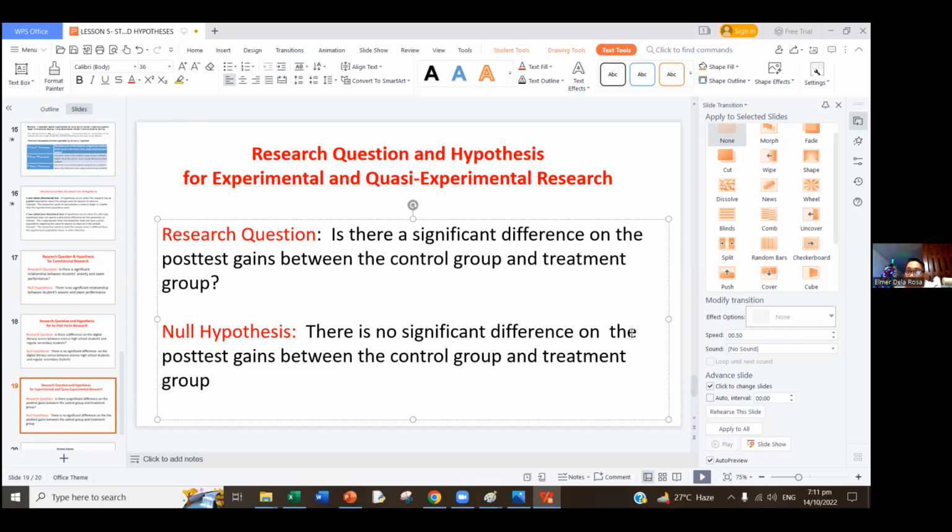So how do we express that mathematically, Sir Ivan? Control group is not equal to treatment. Okay, not equal. Eh naniniwala ka na mas magaling yung experiment mo. How do you state that in alternate hypothesis?